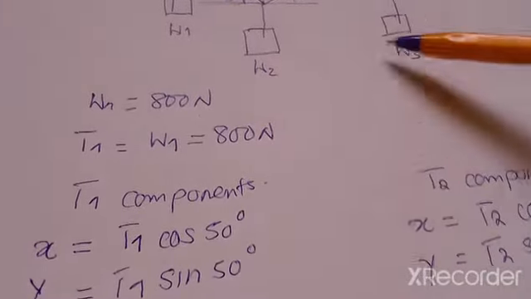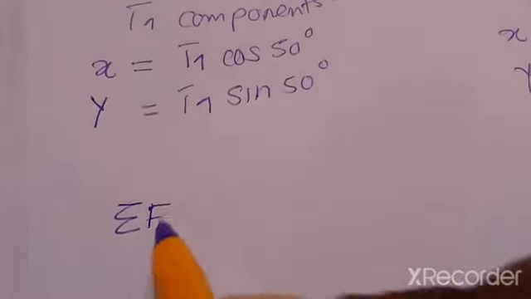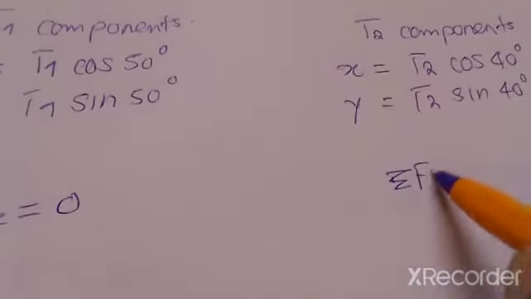The net torque is equal to 0. So that tells us that the summation of the components of these forces in the x-axis is going to be equal to 0. And then the summation of the forces in the y-axis is also going to be equal to 0.